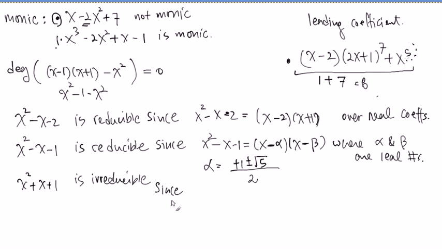And you have to argue it differently. So why is this irreducible? Because if it is reducible like this, then there must be alpha and beta, real numbers contributing to a real zero. But all the zeros of this polynomial x squared plus x plus 1 are imaginary numbers. Therefore, it's not reducible.